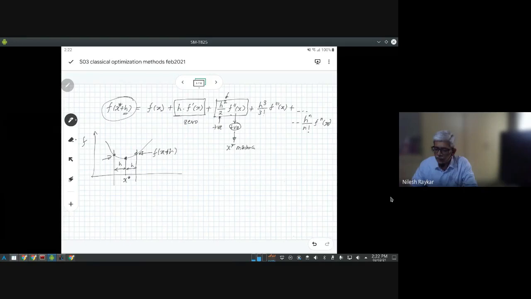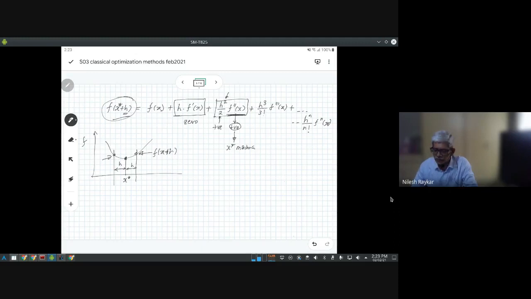I'll repeat once again that if your n value, that is the derivative term, is even, and all our earlier derivatives are 0, then your function value, irrespective of whether h is positive or negative, that is whether you are moving to the right of your point or left of your point, if the second derivative is positive, then your function value is always going to rise.